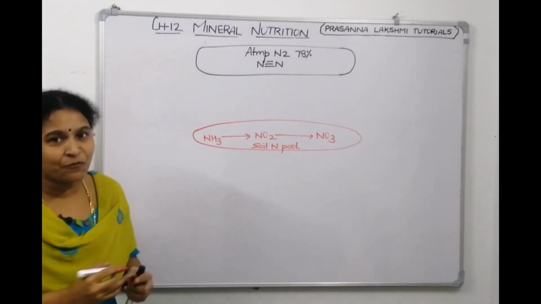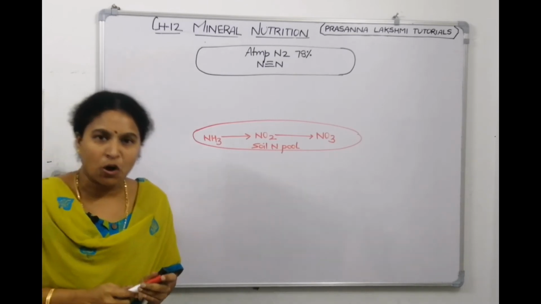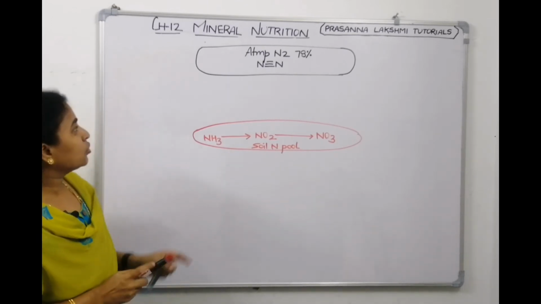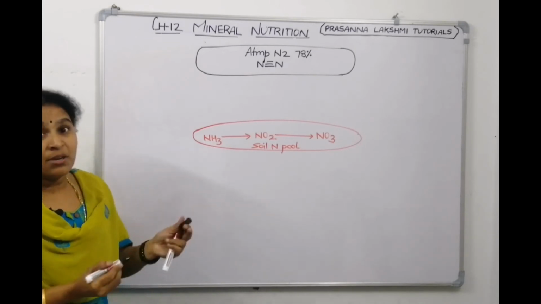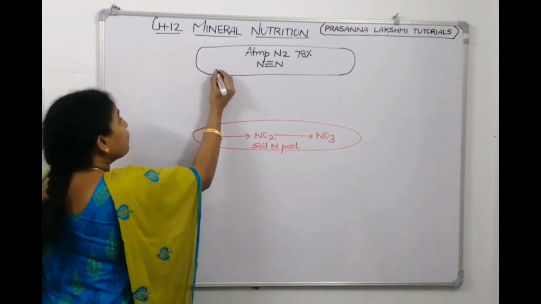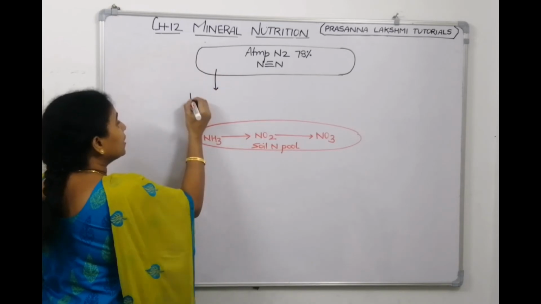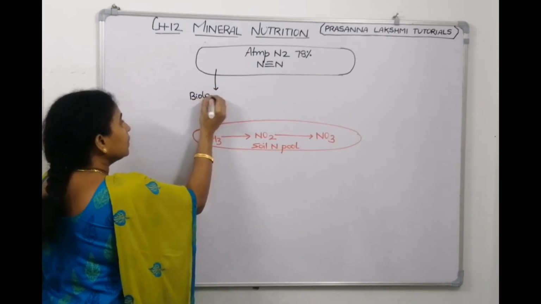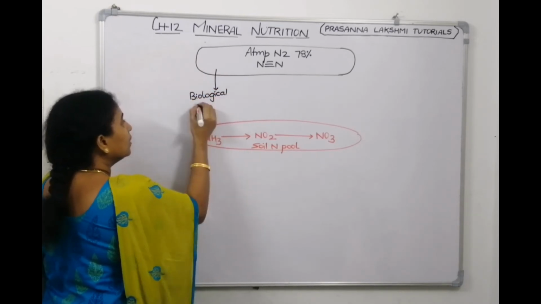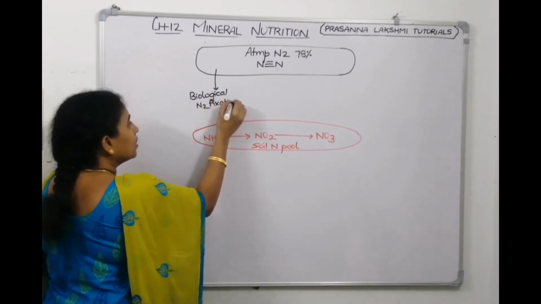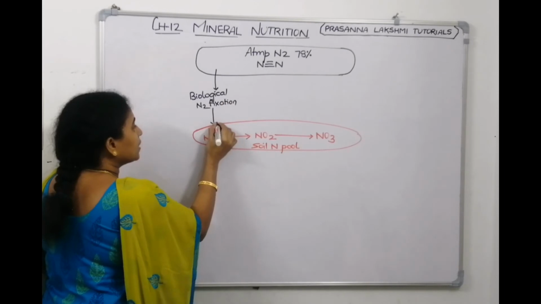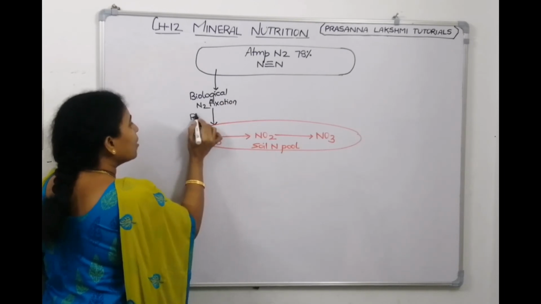So these 3 forms are available in the soil. Now first let us see how N2 gets converted to ammonia. 3 methods we discussed, right? What is the first method? It is called biological nitrogen fixation.